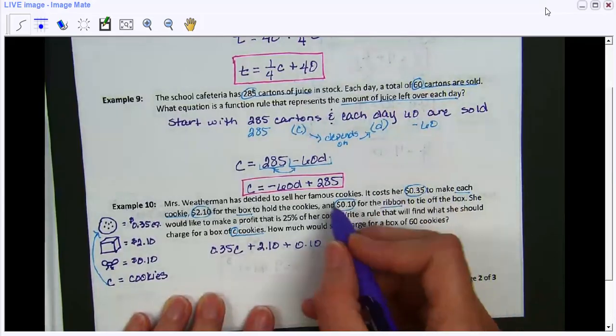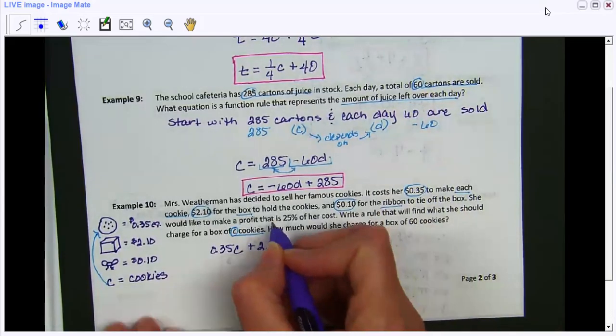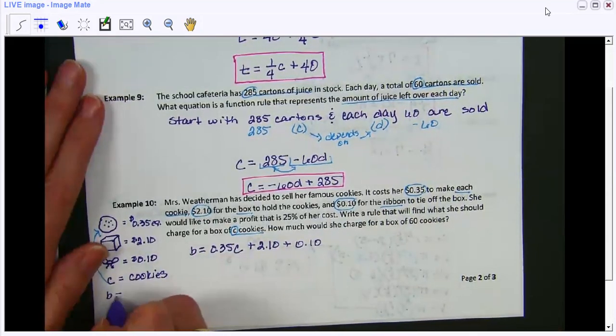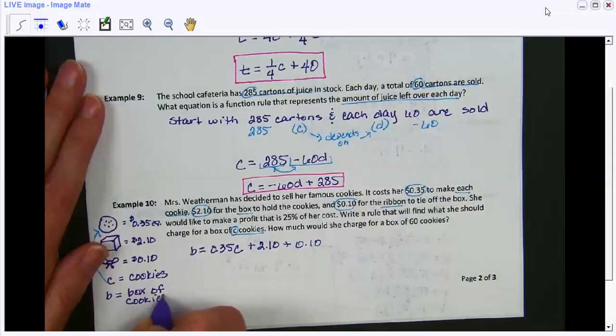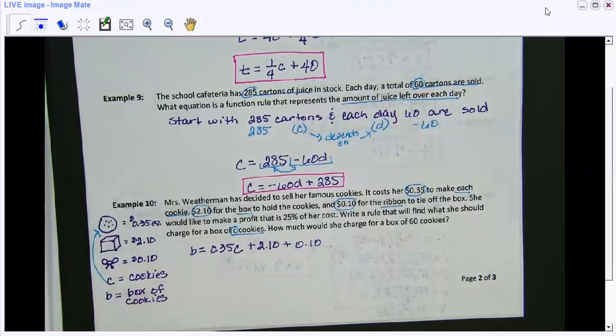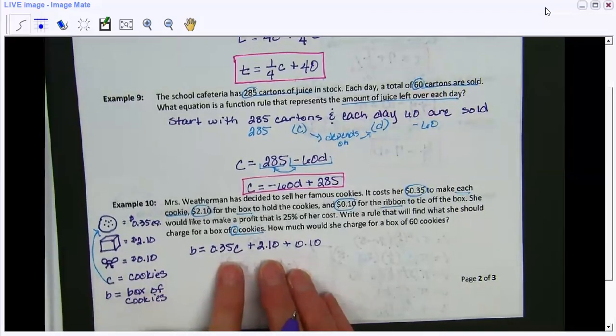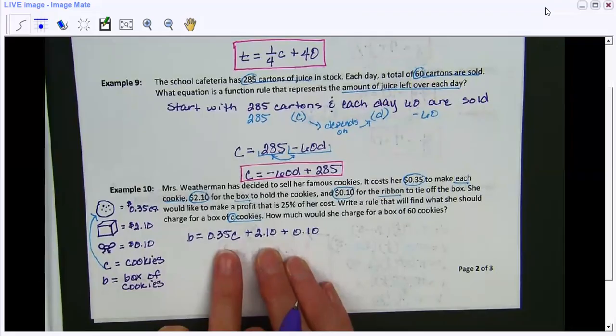So that is going to represent B, what each box will cost. So I'm gonna have B equal box of cookies. You could even have it for C, well, you don't want to use C because you already have C. So there we go. Now, this is how much it costs her to make the cookies.